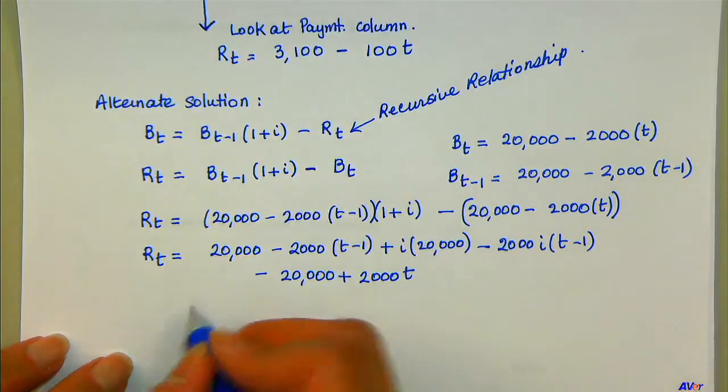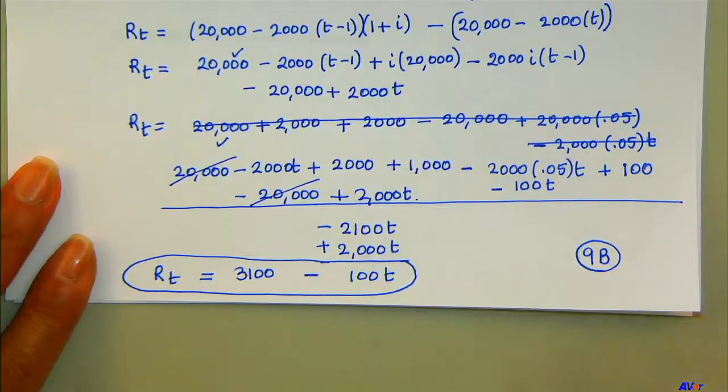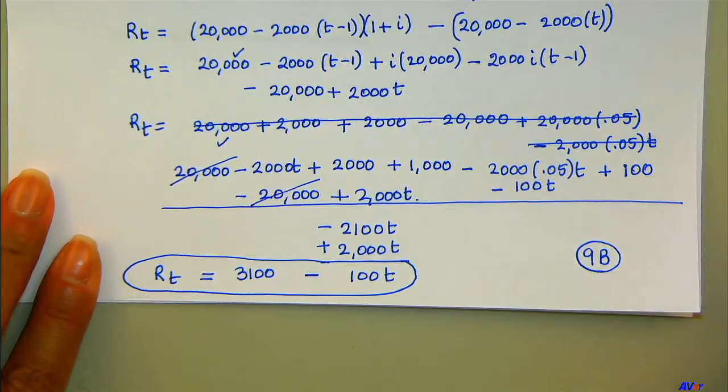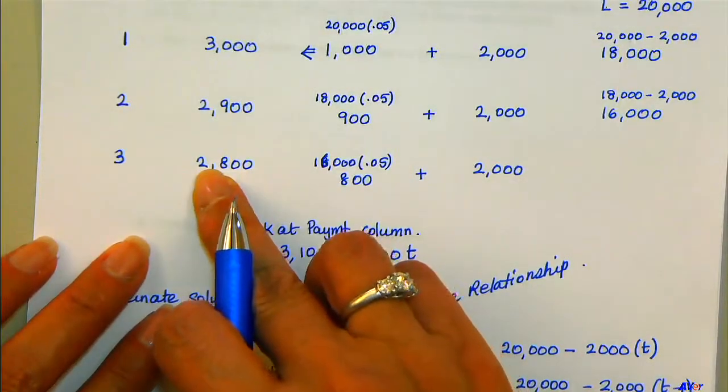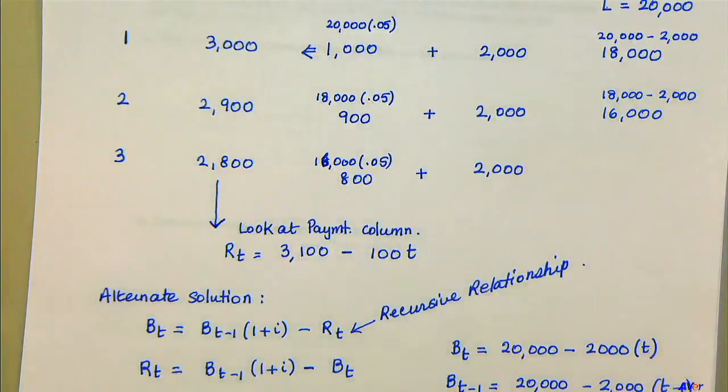Let's clean this up. This way it is pretty obvious right here that the payment is just 3,100 minus 100t.